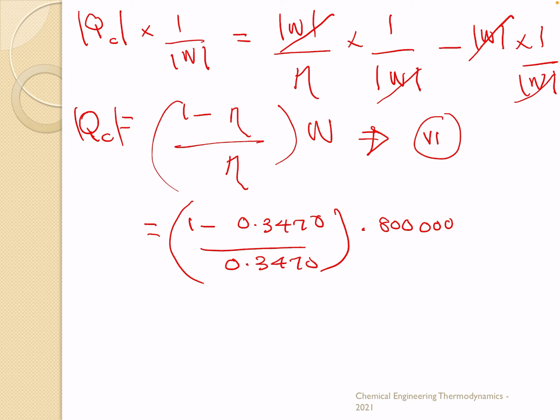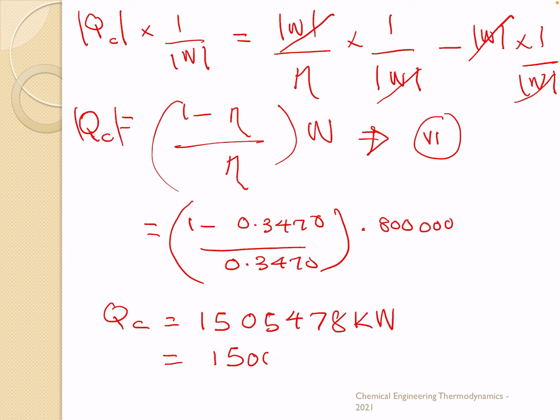If you multiply all those values, our QC should then be 1,050,478 kilowatt, which we can also write as kilojoules per second.